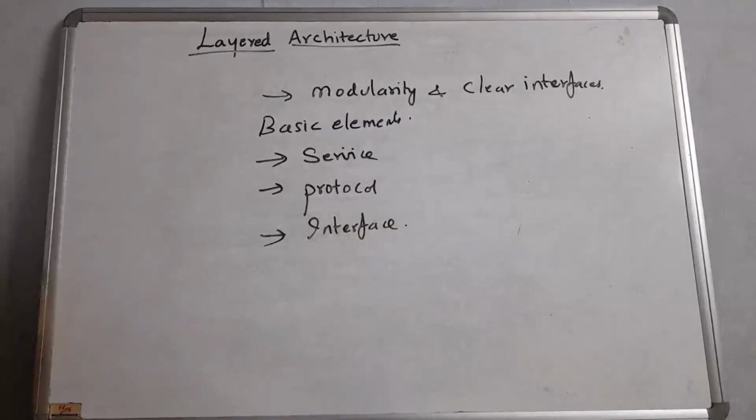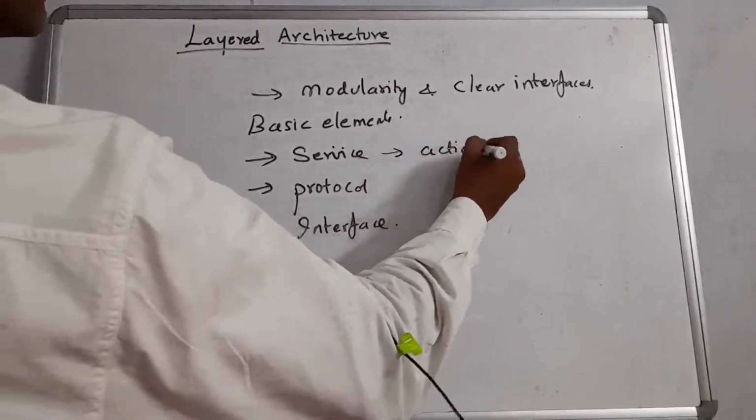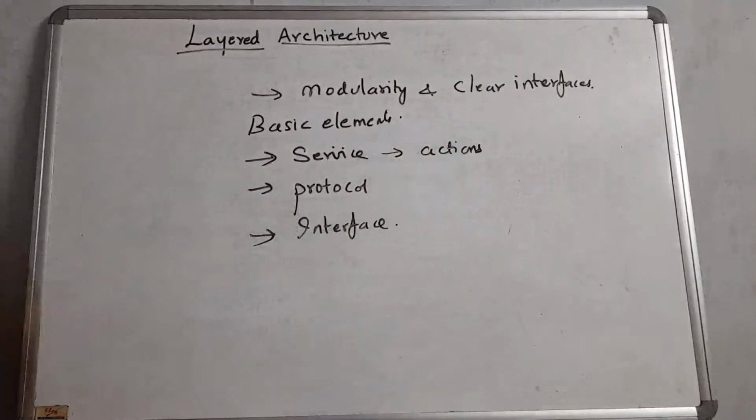What do we mean by a service? It is a set of actions that a layer provides to the higher layer. That is, it consists of all the actions that a layer provides to the higher layer.